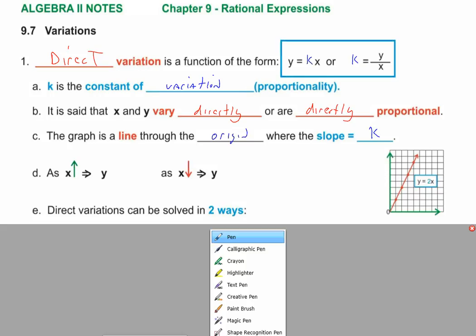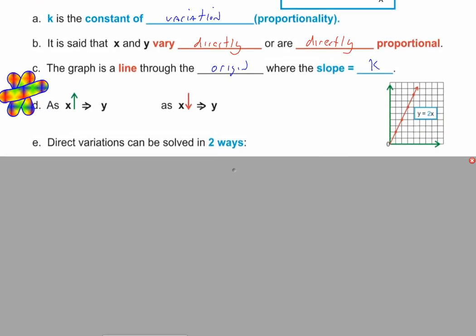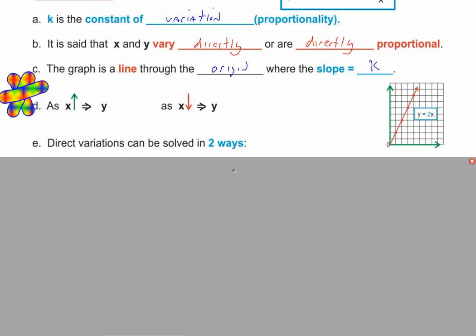All right, this is something that you need to be aware of and you need to keep track of. And that is this aspect. With direct proportion, so let me go a little higher here, underneath D. As the x increases, because they're directly proportional, the y increases. They go in the same direction.